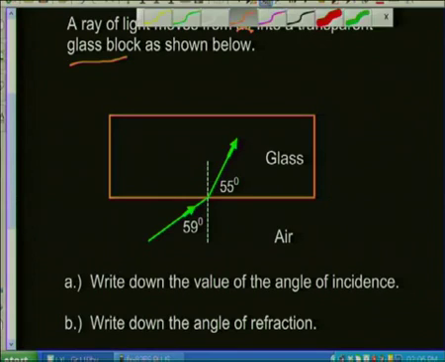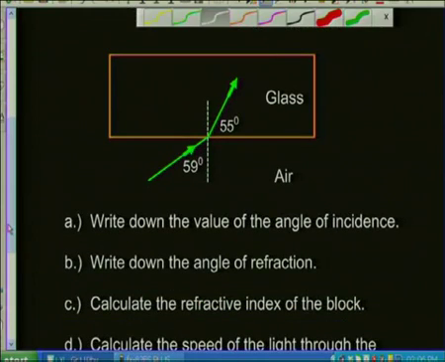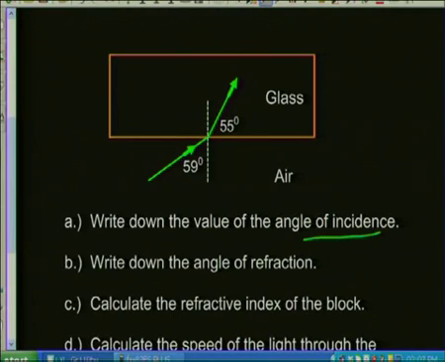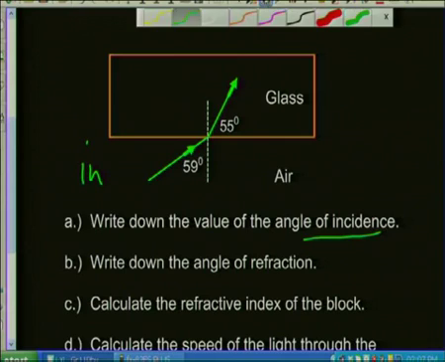Now, I want to highlight here, the first question says to us, what is the value of the angle of incidence? Incidence means coming in. So incidence is this one here where the light is striking the block on the outside.